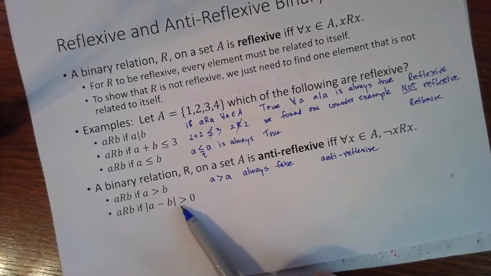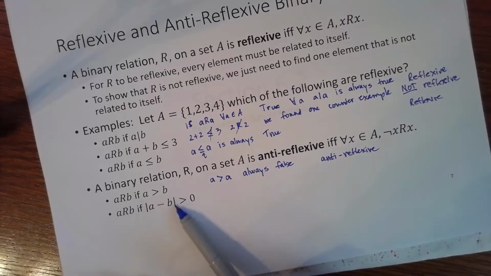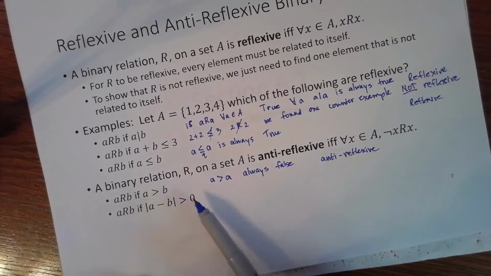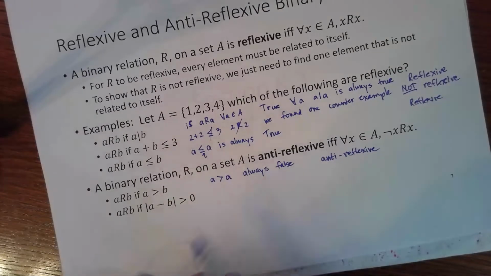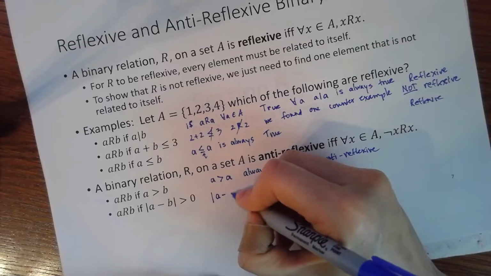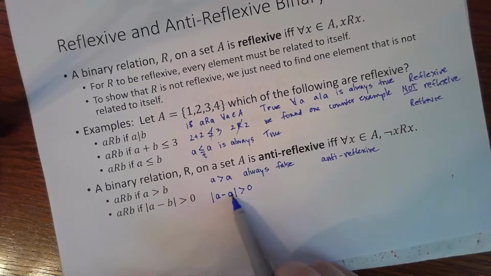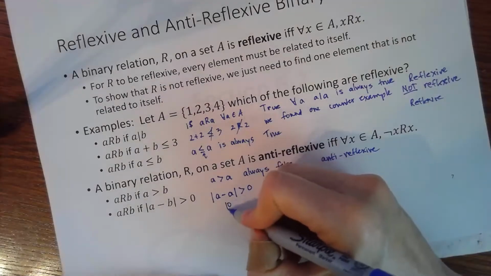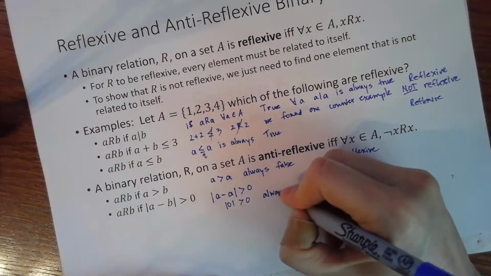Okay, let's look at the next one. A is related to B if the absolute value of the difference of A and B is greater than or equal to 0. So if I want to see if an arbitrary A is related to itself, I would check: A minus A is always 0, and the absolute value of 0 greater than 0 is always false.